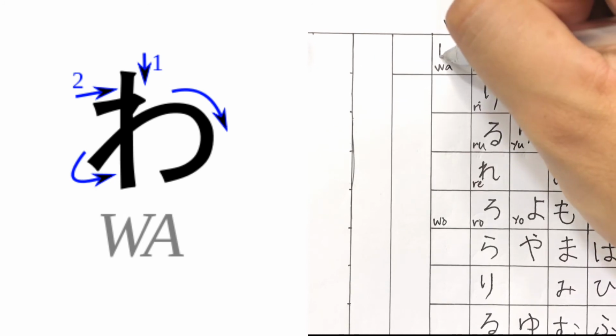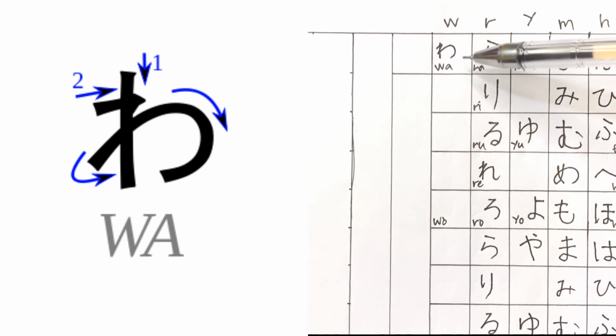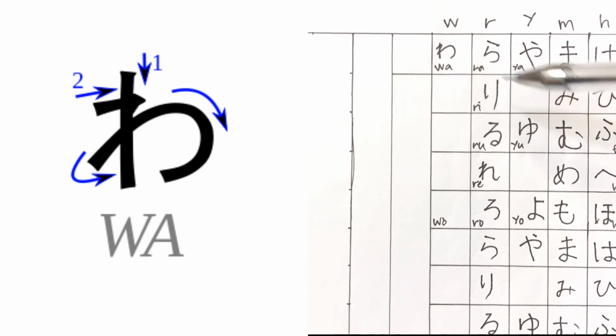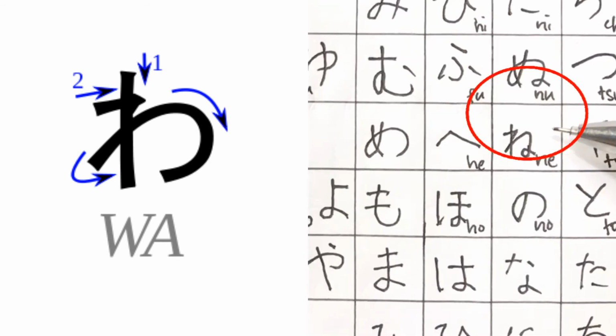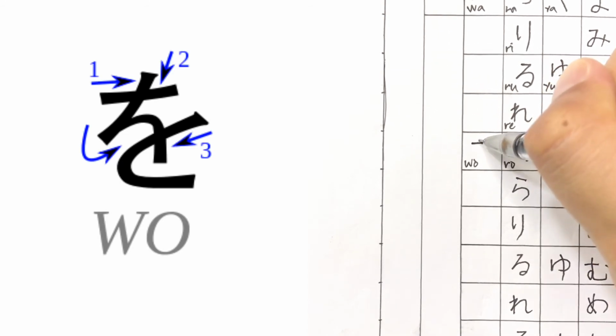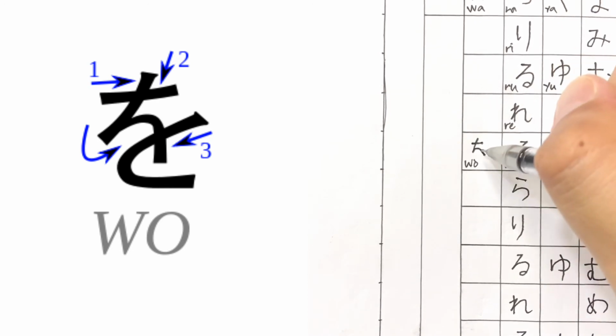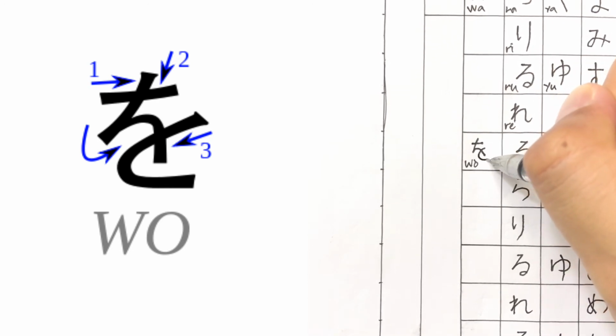So the difference is this area right here compared to re and ne. Next character for W consonant is the wo. 1, 2, 3.